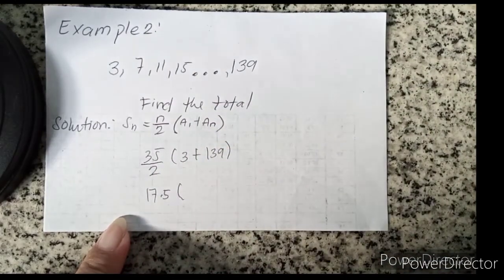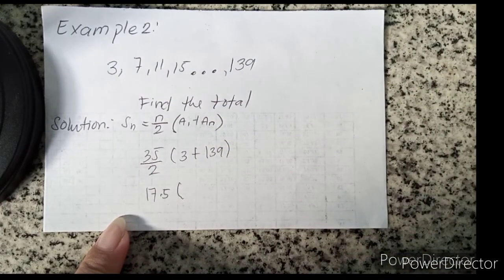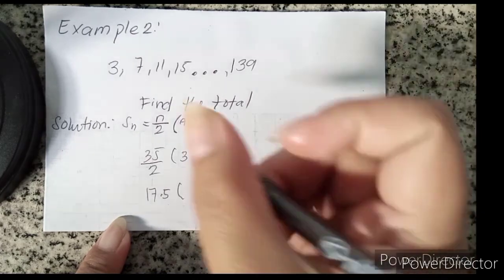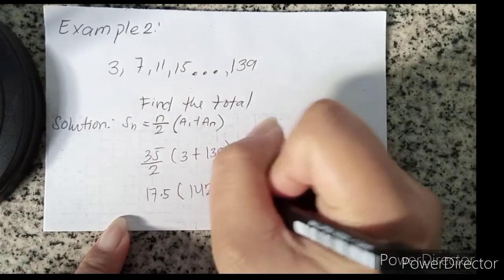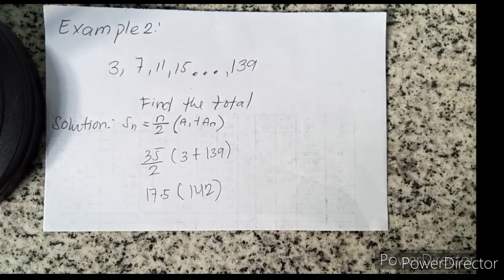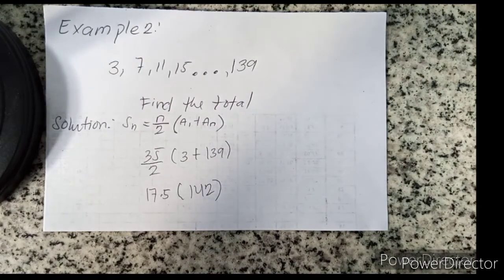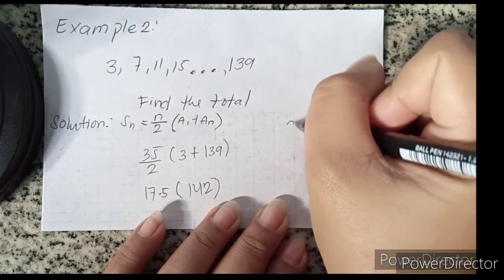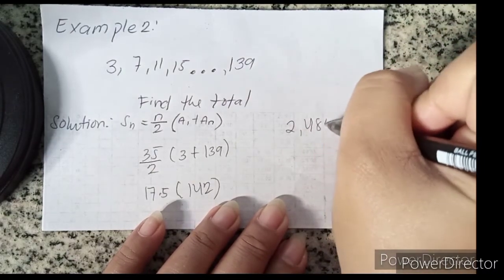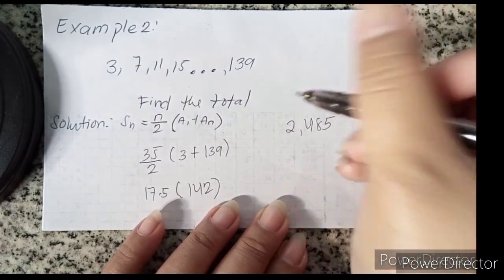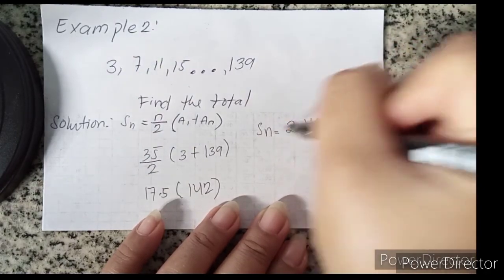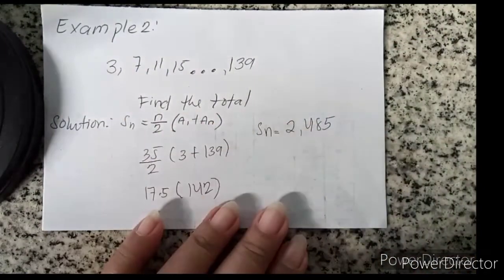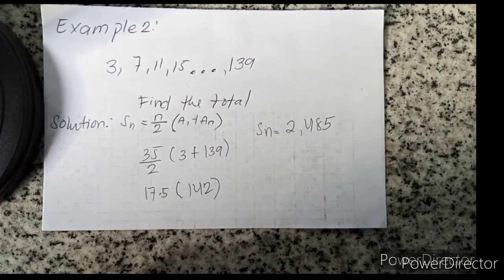Then 3 plus 139 is equal to 142. Now, the total is 17.5 times 142, which is equal to 2,485. So this is the total of this sequence. Did you follow?